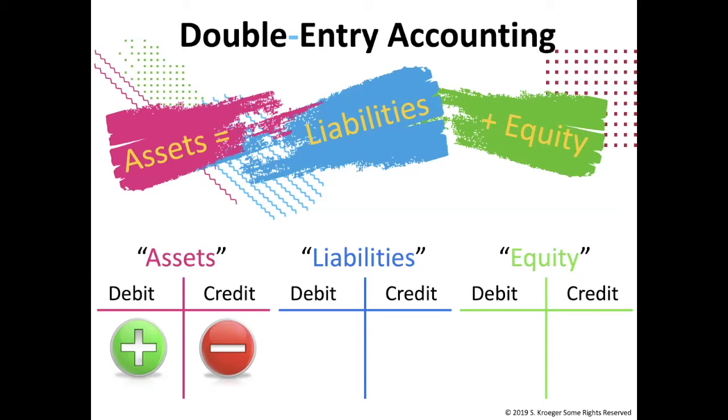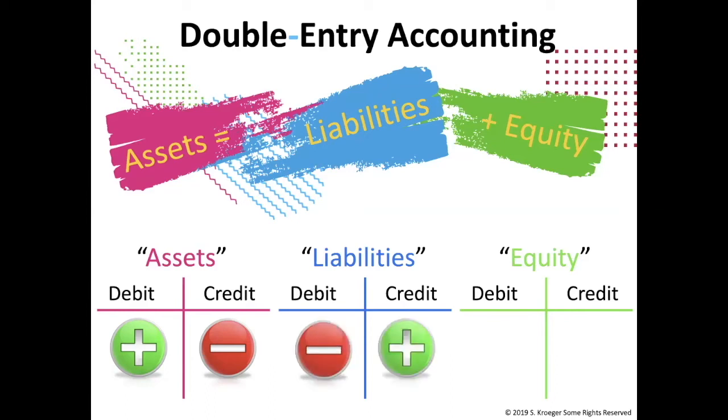If we purchase furniture for cash, the cash account will decrease because we're spending cash as a credit, while the asset account of furniture will increase as a debit because we now have furniture. If we get an asset, it will increase. If we sell it, use it, or dispose of it, it will decrease.